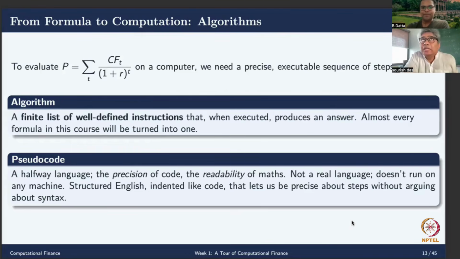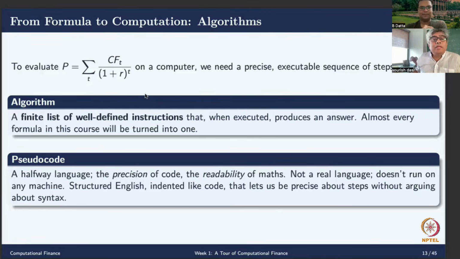Yeah, great question. What we realized from the last video is that computing the present value of a future cash flow is very important.